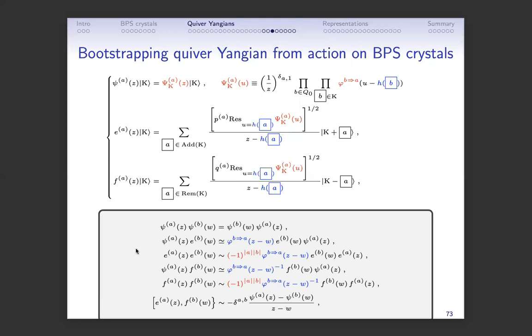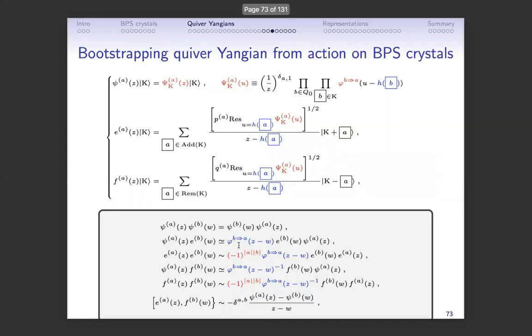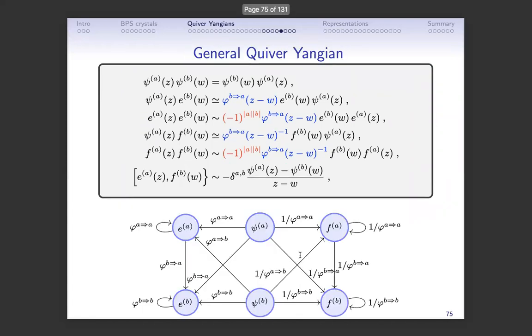We just reproduce the entire quadratic part of the algebra here. Basically, there are just two types of ingredients. One comes from this bonding factor. The other is this statistics factor, which is also given by the quiver, and basically counts how many self loops there are for the vertex.